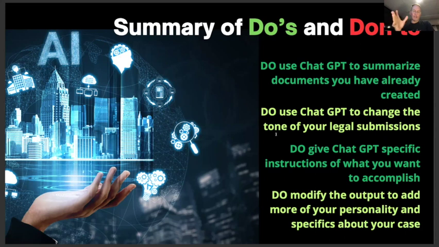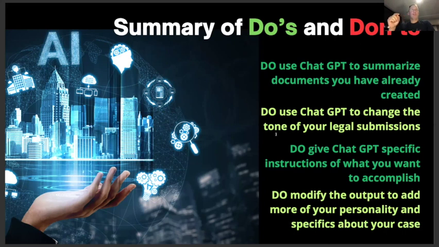If you write a document, you can copy and paste the text into ChatGPT and give it a command to write it in the style of a lawyer in the province that you're in, and it'll do a pretty good job of that. So do use ChatGPT to summarize documents that you've already created.